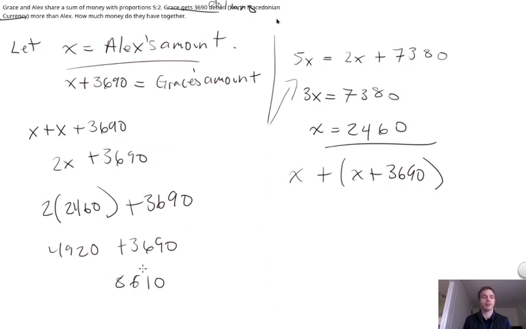I constantly tell people this, and it's one of my more likely to be ignored recommendations. People typically don't do what I've said there, and I can only think of a handful of people who have taken me up on this offer, but it works. It just makes so much more sense to you when you read it out loud. And go sentence by sentence. Grace and Alex share a sum of money with proportions 5 to 2. What does that mean to me?